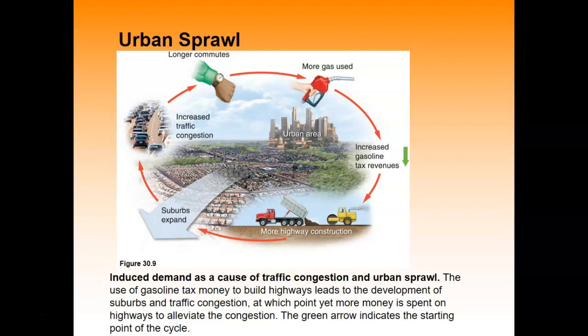You're going to have longer commutes, more gasoline being used because of those longer commutes. Therefore, you're going to have increased tax revenue from those purchases of gasoline. Well, that will ultimately lead to more need for road construction, right? That's going to utilize those tax revenues because of the increased usage and whatnot.